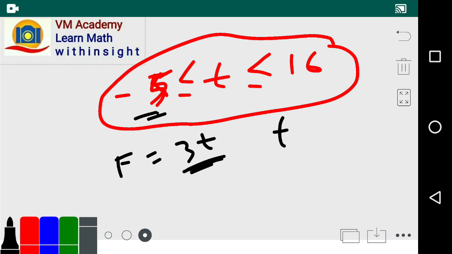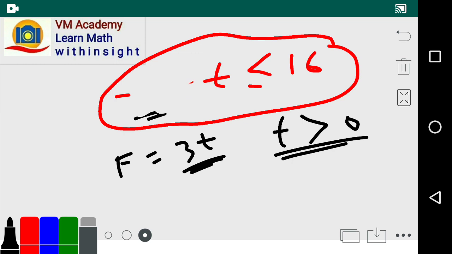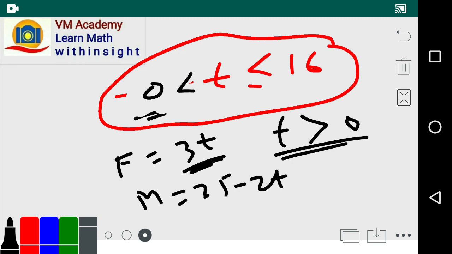This should be positive, so this implies t greater than 0. So here we modify the range: t greater than 0. Now again m is 25 minus 2t. This must also be greater than 0 because it is the number of men.